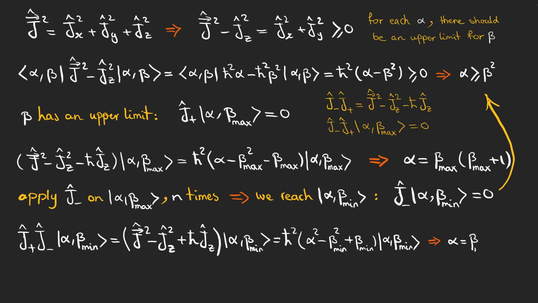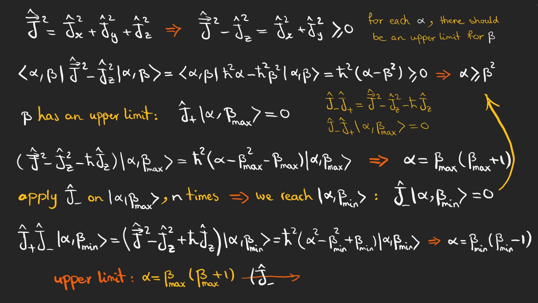We can find another α to be β_min(β_min − 1). So we have a limit, which gives us α to be this expression. And if we apply J− n times on this state, it will give us a lower limit, which is α, given in this expression.